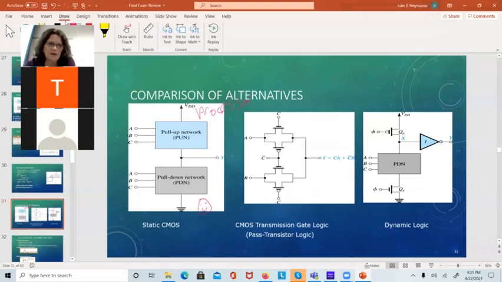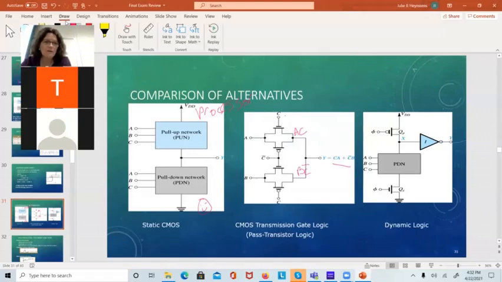And the keys for pass transistor logic are whatever's on the drain and whatever's on the gate get ANDed together here. So this would be AC. I won't even talk about that one. This would be B, C naught. And those get wire ORed together. You just tie the outputs together to wire them.